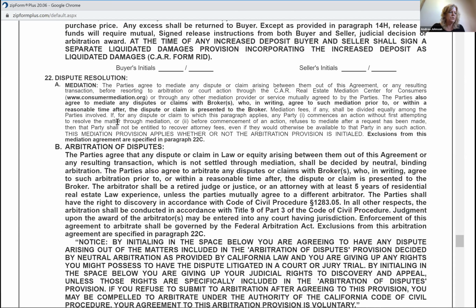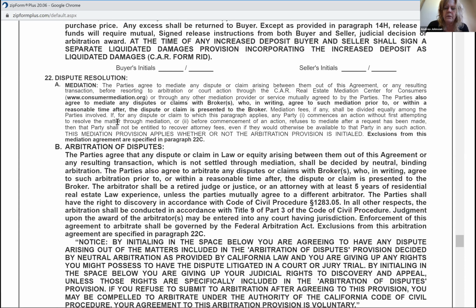Now, on to dispute resolution, and this is where paragraph 22A, mediation: the parties agree to mediate any dispute or claim arising between them out of this agreement or any resulting transaction before resorting to arbitration or court action through the CAR Real Estate Mediation Center for Consumers.